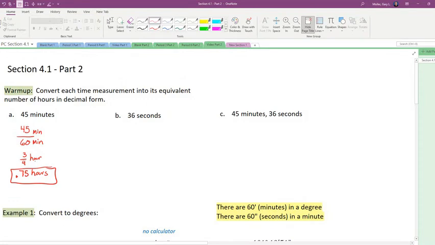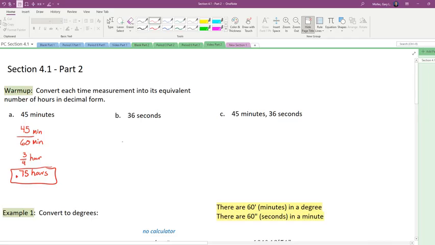All right. 36 seconds is how many hours? Now, I could jump straight to hours from seconds if I give it some quick thought, but we might as well just walk ourselves through it for a second. Let's figure out how many minutes 36 seconds is. Obviously, it's a little bit over half of a minute.